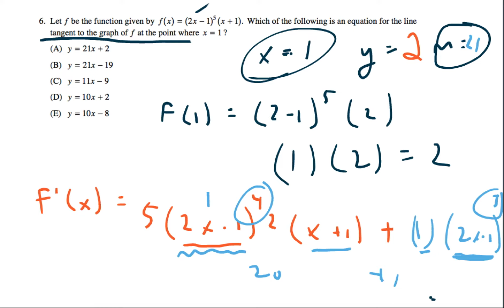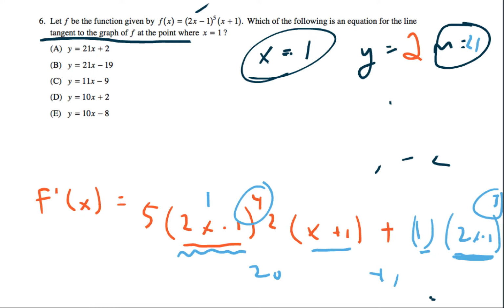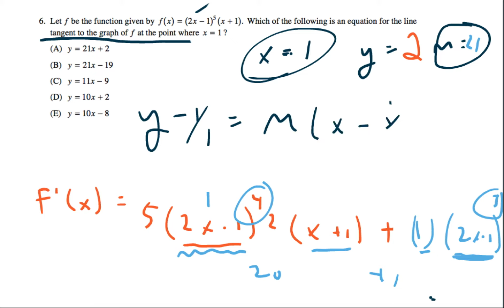Let's go ahead and give myself some more space down to write this down. What should I erase? Let's erase right here in the middle and write our tangent line. Our tangent line is going to be y minus y1 is equal to m times x minus x1, and we have values for y1, m, and x1.